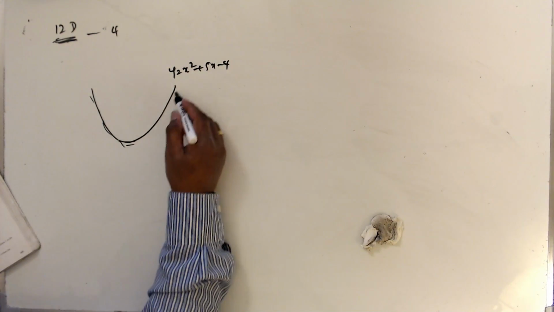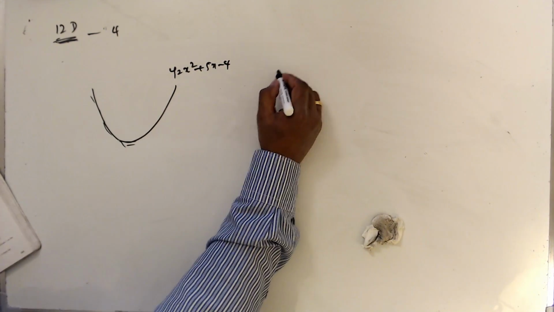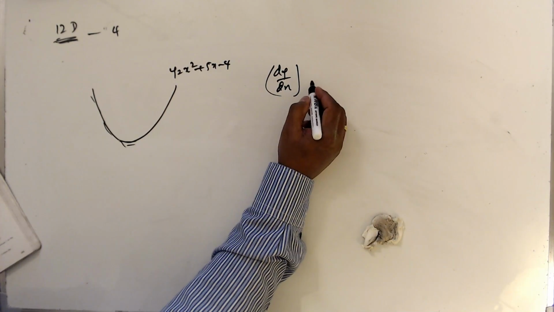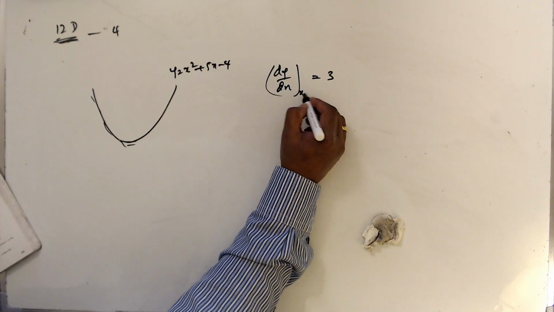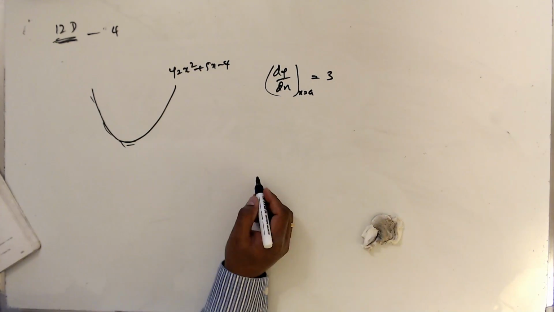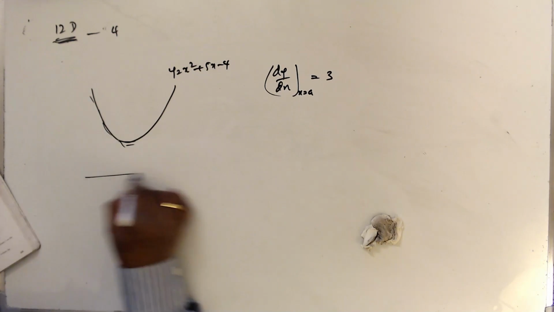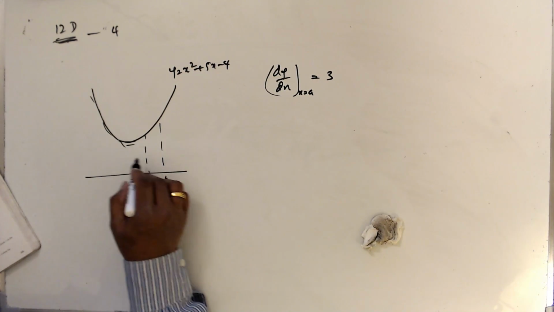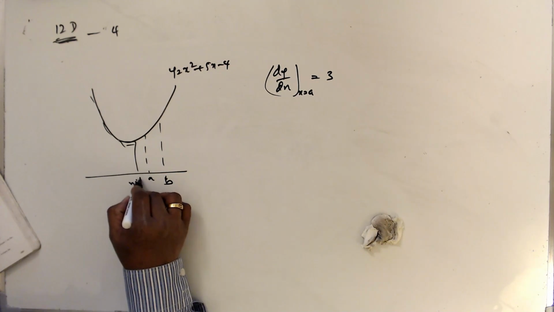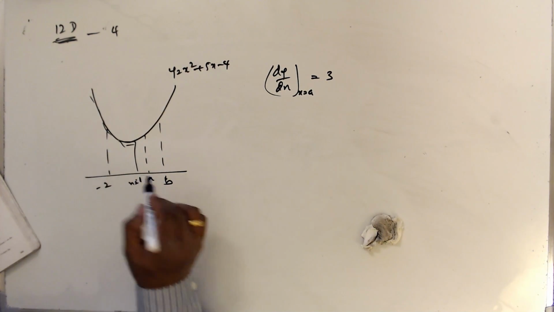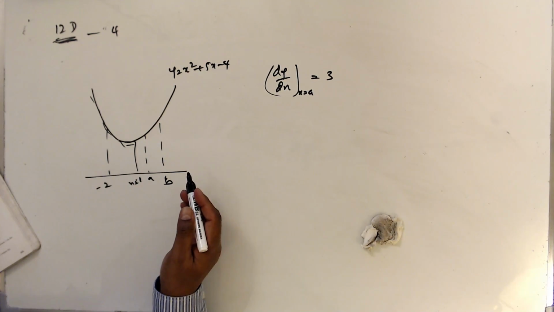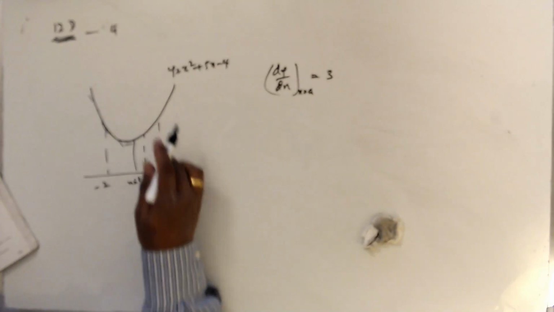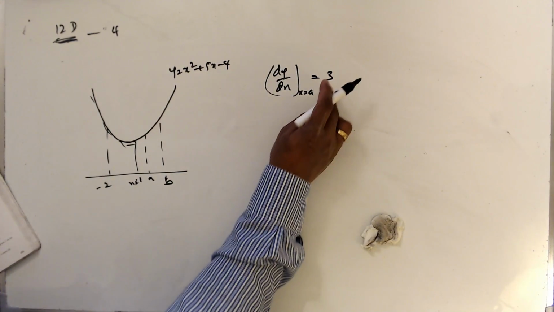Right? Somewhere on this curve the gradient dy over dx is 3 at x equals, let's say, a point. So if you take this point, a point, b point, x equals 1 point, x equals minus 2 point, likewise. So we don't know which point. We know that at one point like this, for one x value, it will give 3.